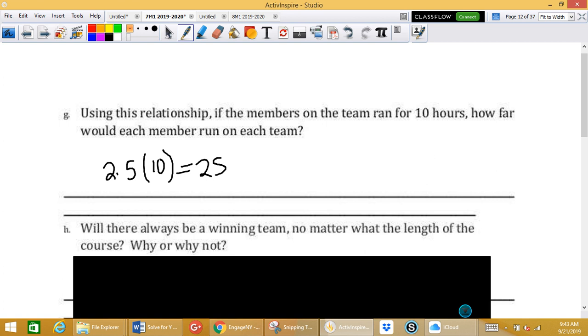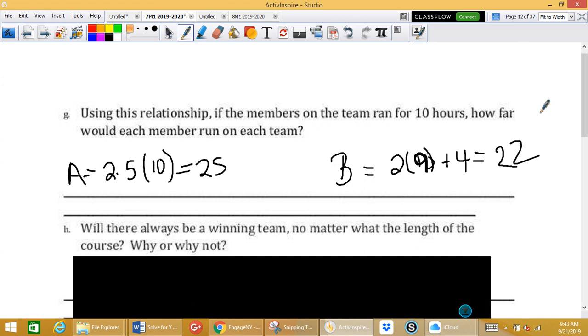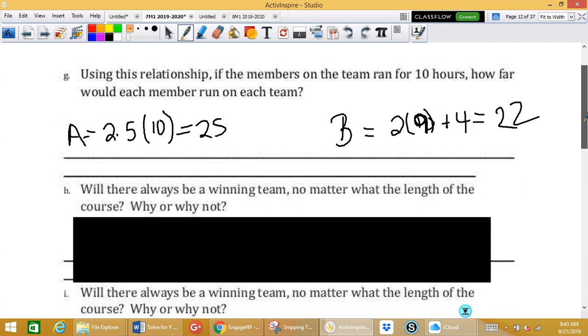For Team B, if we do 2 miles per hour for 9 hours, plus the 4 miles they ran first, here we're looking at 22 miles. So Team A would be the better team.